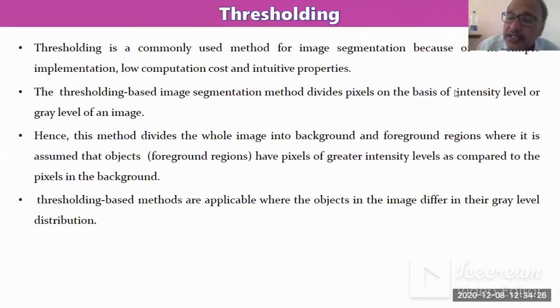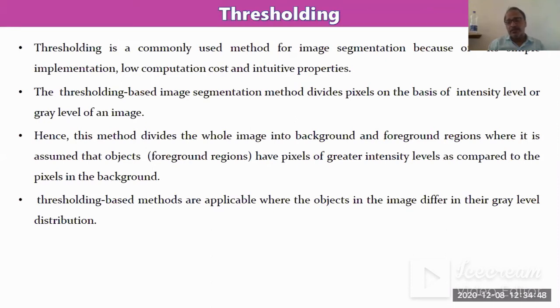Now the next concept, or next important point, is thresholding. We already know the thresholding concept. Thresholding is a common method for image segmentation because it is very simple to implement, has low computational cost and intuitive properties.